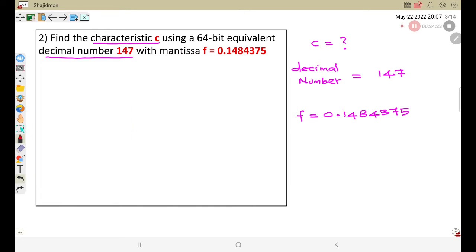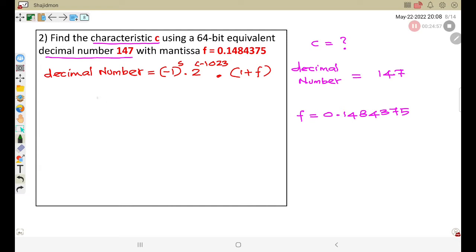For this question we just start from our rule. This type of question, just start from the rule. You know the decimal number equals minus 1 power s multiply 2 power c minus 1023 multiply 1 plus f. Now whatever value we know, we can apply here.